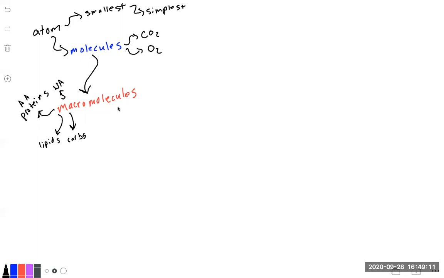So we're moving on to our next stop on the organization of life. And we're really going to break this down. So when those macromolecules like lipids and proteins and nucleic acids come together, we have what are called organelles.